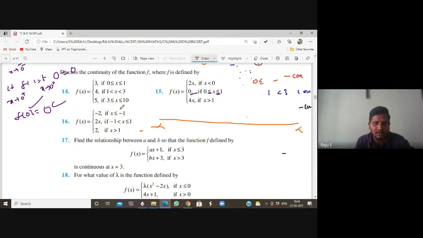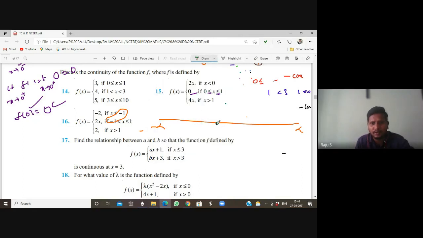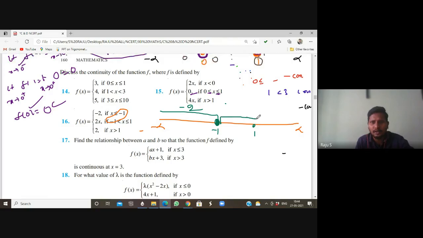What are the particular values? -1, +1. Take both the values here, -1, here it is +1. Now, lesser than or equal to -1, what is the function they given? That is -2. From -1 to 1, not including -1.